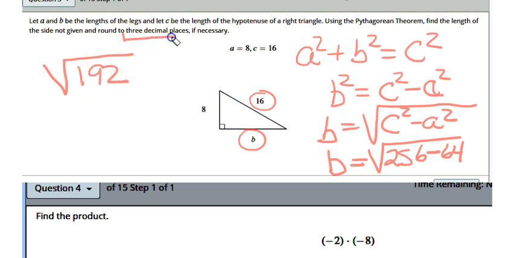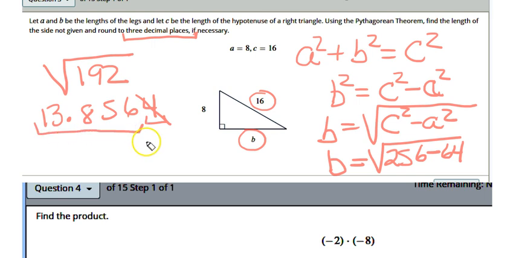And they also want this to 3 decimal places, so I will put that in my calculator. Second function, square root of 192. And I get 13.8564. Again, I look at the 4th decimal place. It's 4, so I'm just going to drop it, and then this would be my correct answer.